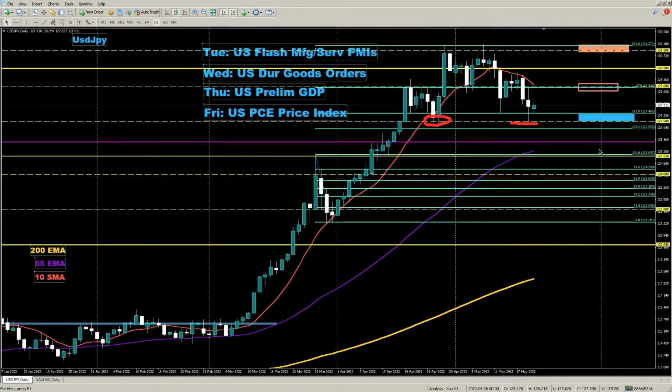It's the support level. Now we'll see if there's further weakness, whether it's going to dip lower to this likely swing high area, and back to 125, where the daily 55 and the swing high up here at the 100 is.